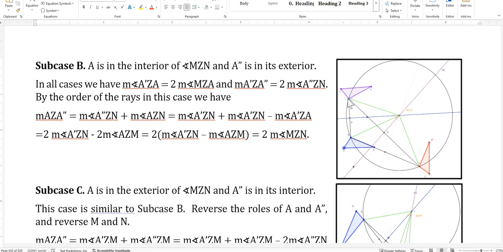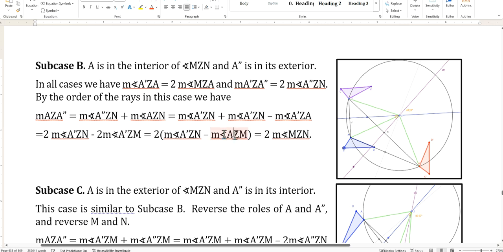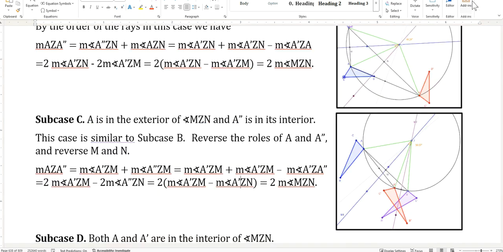A prime to Z to N minus A to Z to M, which is the same as A prime ZM. Let me write it that way instead. And that is the measure from M to Z to N. We still have the 2, so we get twice the angle that we want. Okay, so that's case B, subcase B.